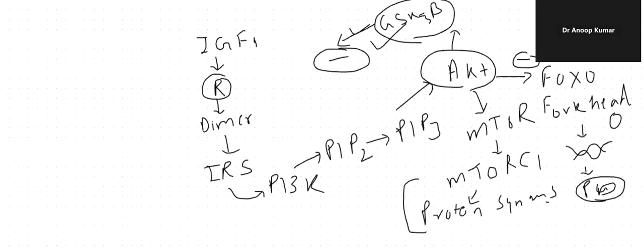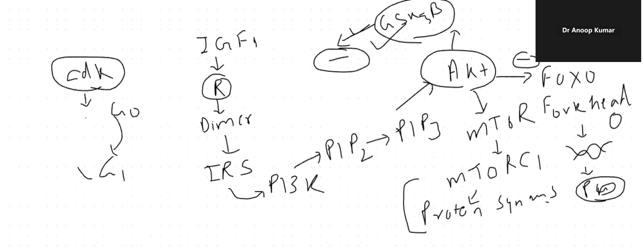And when we talk about hyperplasia, there are CDKs, cyclin dependent kinases, which will propel your labile cells or stationary cells into the cell cycle phase. So G0 to G1, then, if you remember, the synthesis phase, then the G2 phase, then the mitosis phase, and the cell will divide.